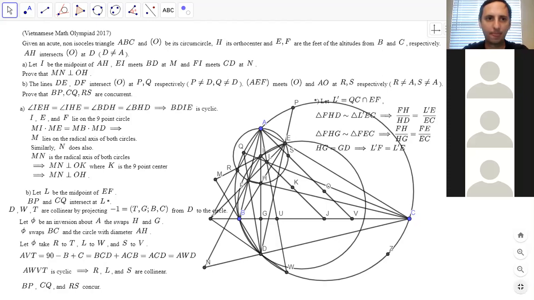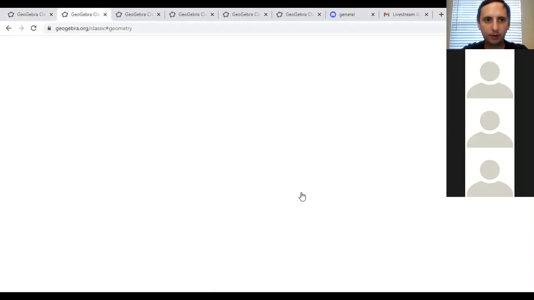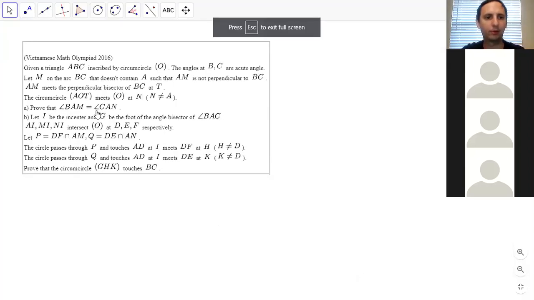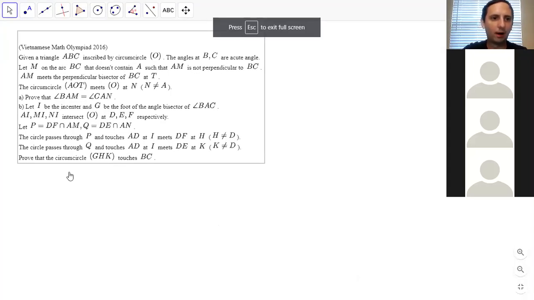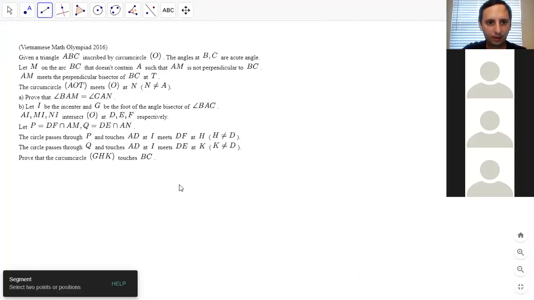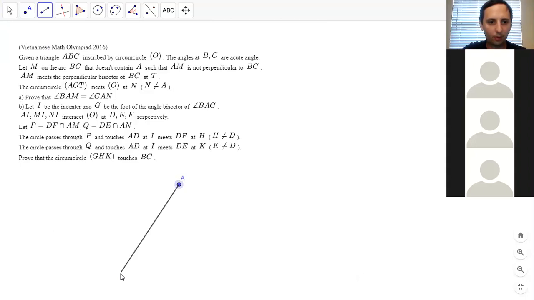All right, you're welcome. So here's the next problem. This is also from Vietnam, 2 parts as usual. So we have a triangle ABC. It's inscribed in a circle.